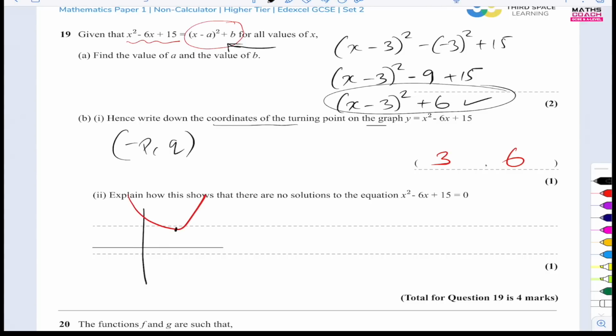And this turning point is your 3, 6, okay? So 3 on the x and 6 on there. Now, as you can see, this line doesn't cross the x-axis. And because it doesn't cross the x-axis, it means that it doesn't have solutions. All right, so saying it doesn't cross the x-axis would be enough to get you that 1 mark.